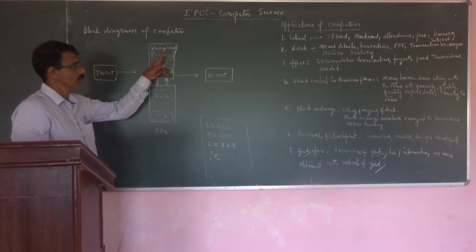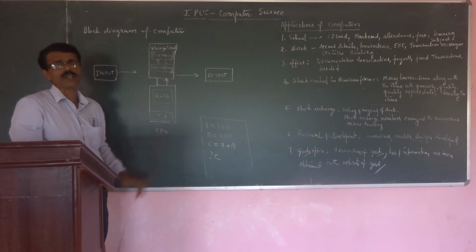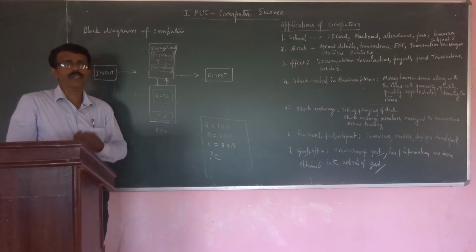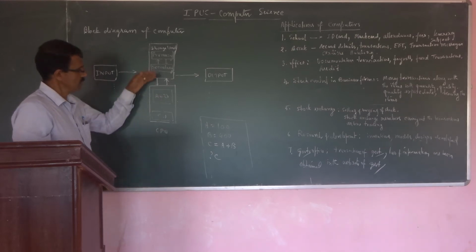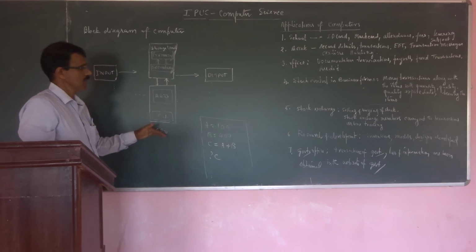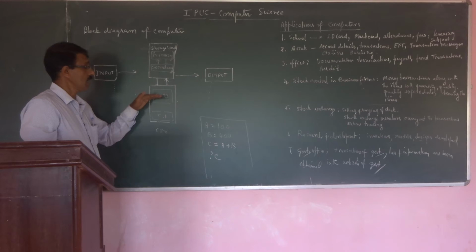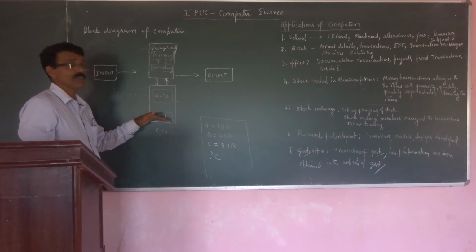But the primary memory is very important. Without memory, we cannot process anything. The central processing unit has an arithmetic logic unit and a control unit, both there.